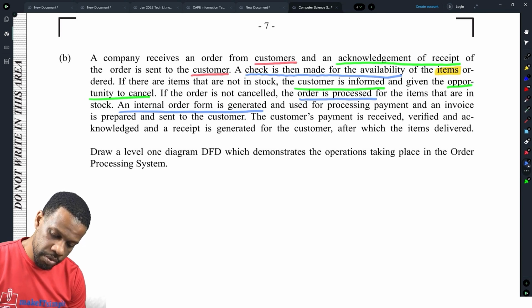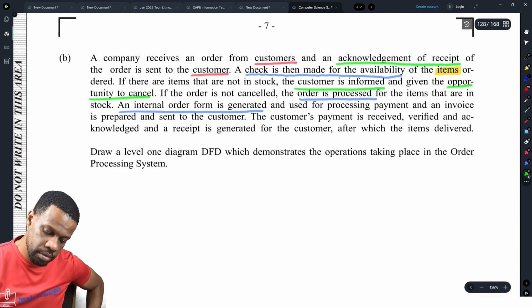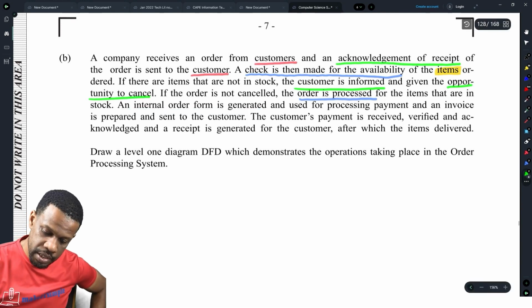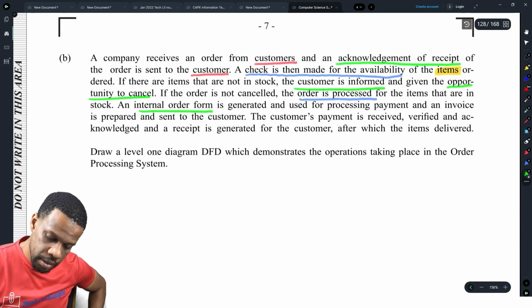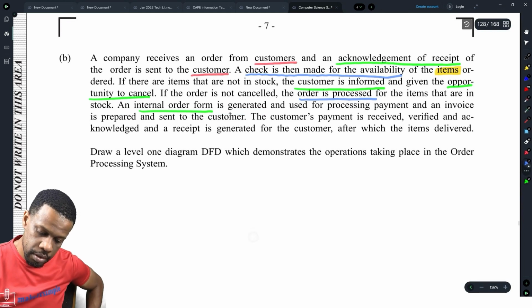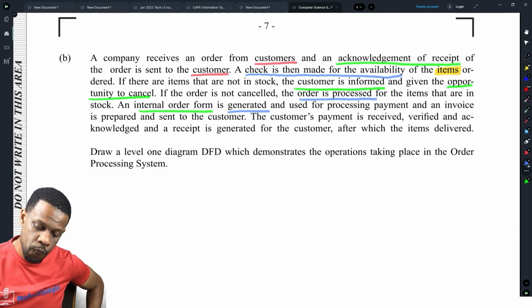The internal order form is the actual piece of data. Now, it being generated and used for processing payment could be one whole process, or generating the internal order form is one process and processing the payment is another one.